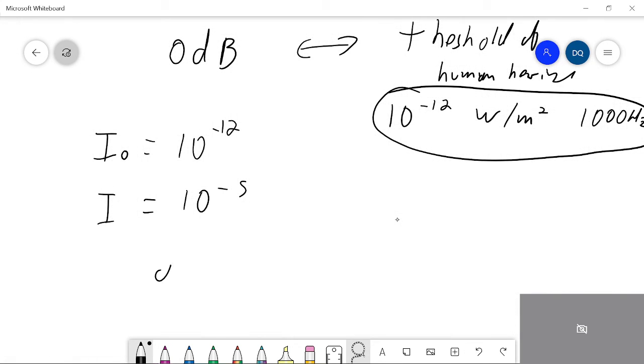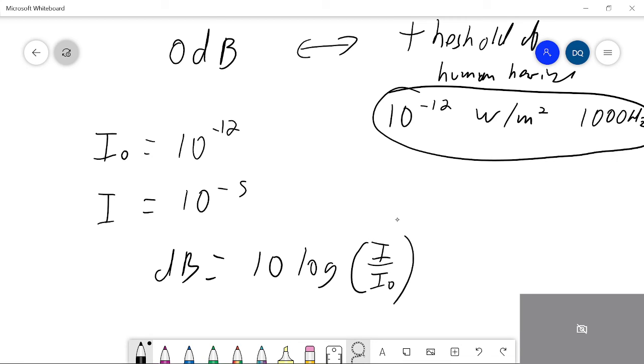To convert that to a decibel, we multiply it by 10. That's what the deci part means. And that's 10 times the log of the intensity of sound we're considering divided by I naught.